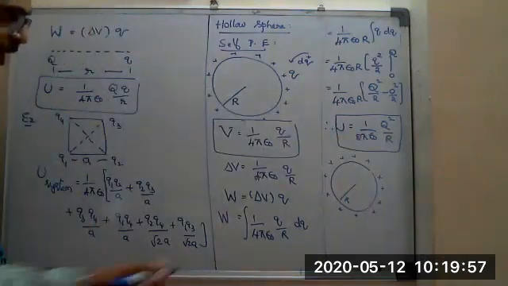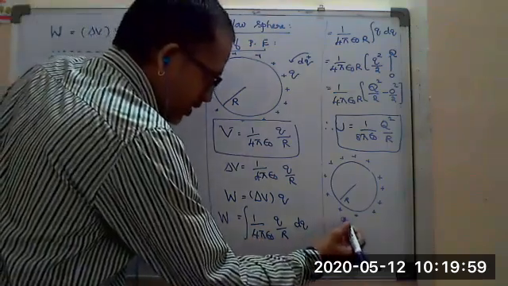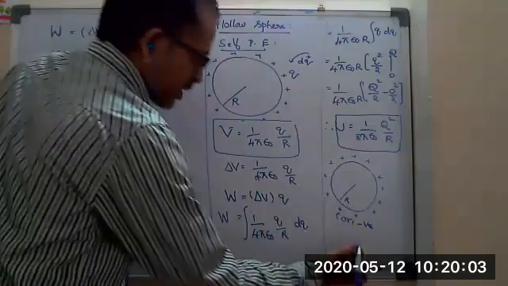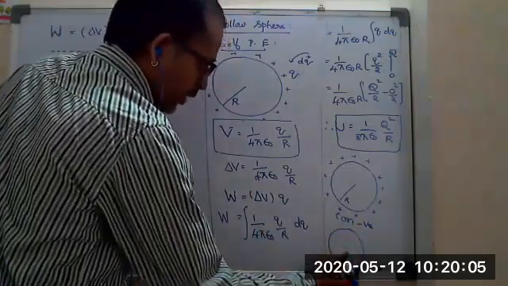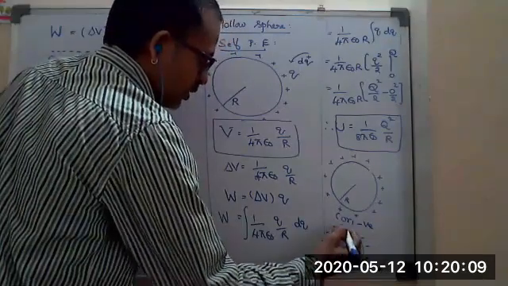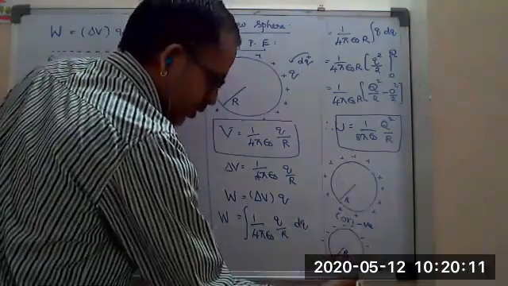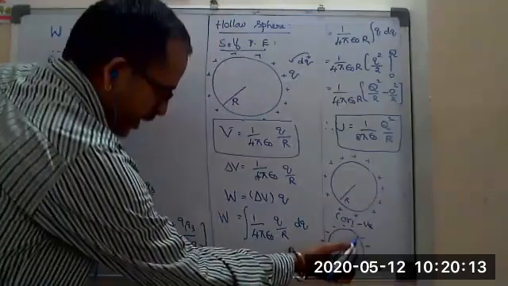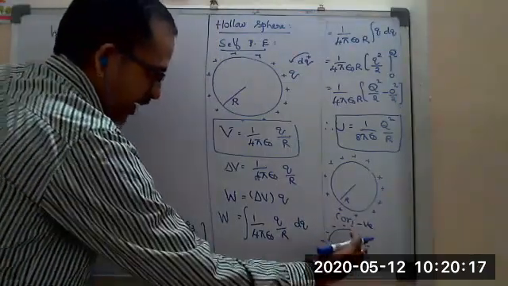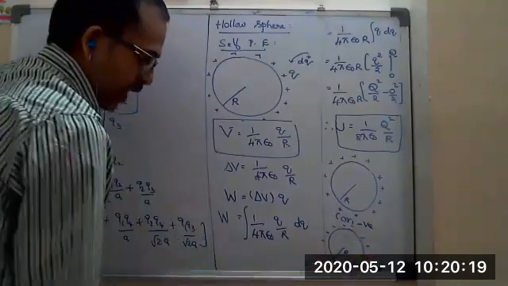Don't get confused whether you give positive or negative. Suppose you give the negative charge to the soap bubble, distributed over the surface, again due to the self-repulsion, negative and negative, the bubble tries to expand.